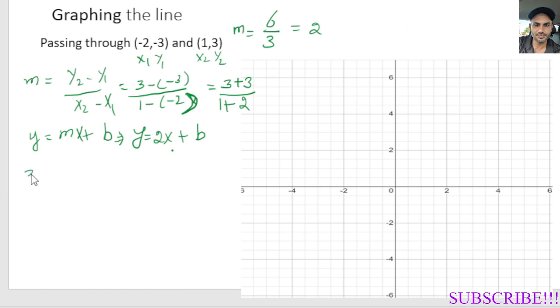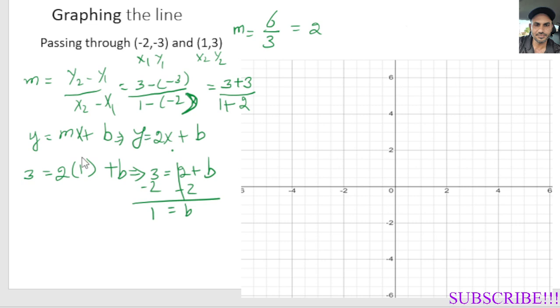So y is 3 equals m is 2 times x is 1 plus b. Now this becomes 3 equals 2 plus b. Then we solve for b by subtracting 2 on both sides, to isolate b. So b equals 3 minus 2, which is 1.